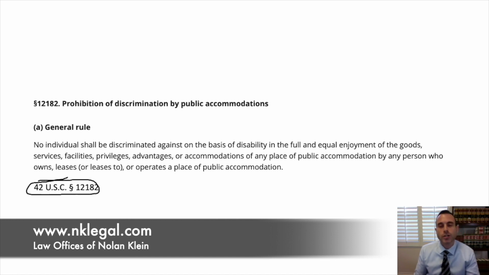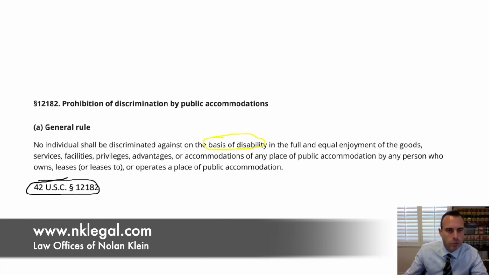Okay, there's actually a lot to unpack there. But let's just break this down. And then we're going to go a little deeper into each of the elements that I'm about to break down. But let's discuss this here for a minute. So no individual shall be discriminated against on the basis of disability.